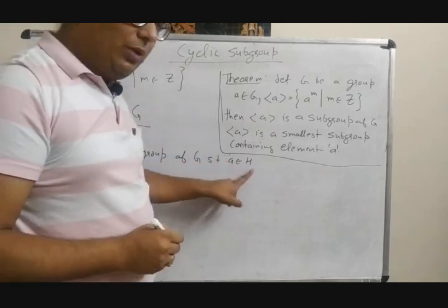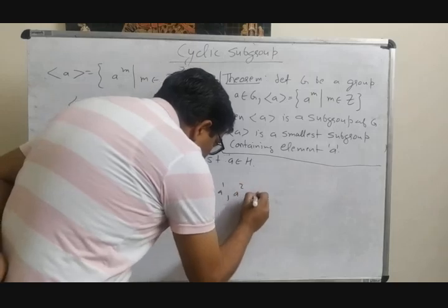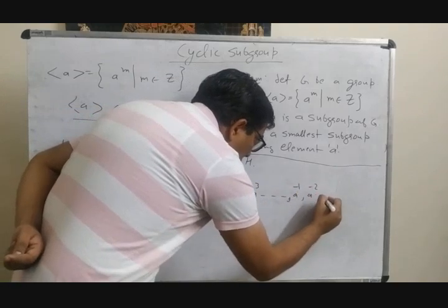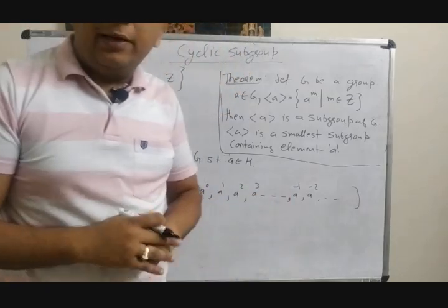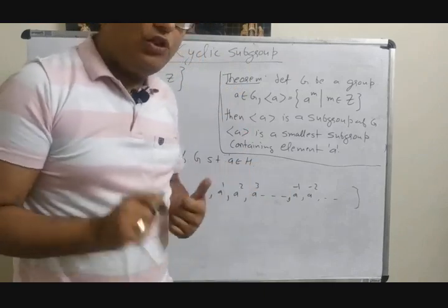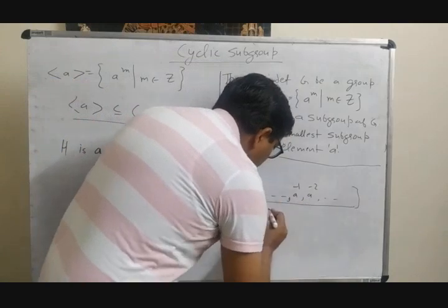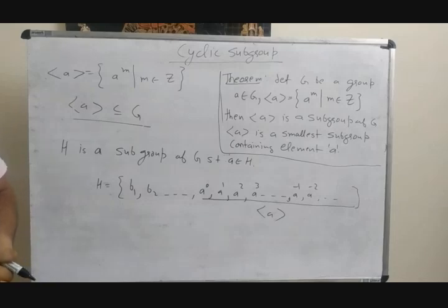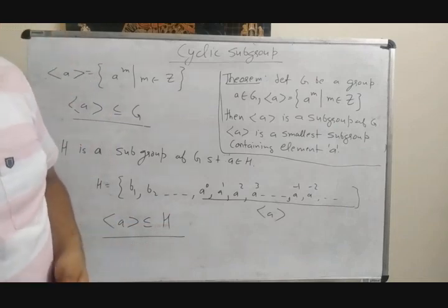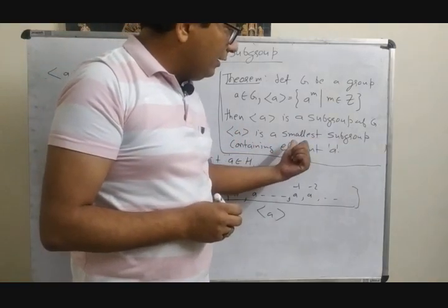Since a belongs to H and H is a subgroup, it means a raised to power 0, a raised to power 1, a raised to power 2, a raised to power 3, and similarly a raised to power minus 1, a raised to power minus 2, and all these elements should be available here, because by the closure property, if a belongs to H, all its combinations with respect to the binary operation should be in H. So from here we can see that this set is a subset of H, and this is what we want to say: that this is the smallest subgroup containing the element a.